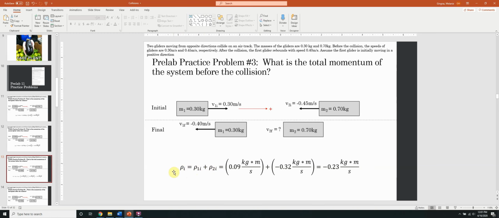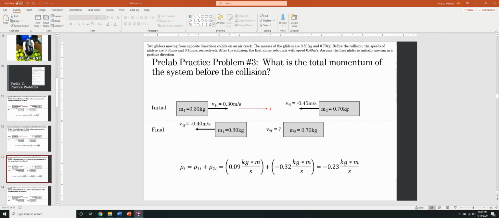And specifically before the collision. Okay, so we know that the momentum before the collision for mass 1 was 0.09 kilogram meters per second, and we know for mass 2 it was negative 0.32 kilogram meters per second. So when we add these together, we get a negative 0.23 kilogram meters per second, which we know should also be the final momentum, right?